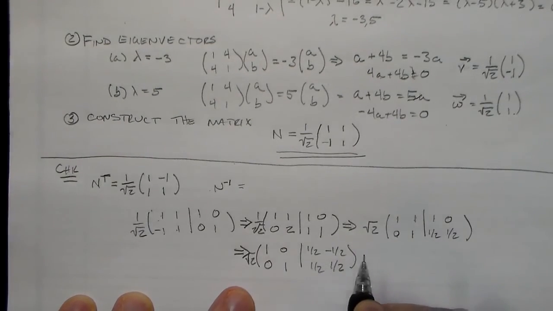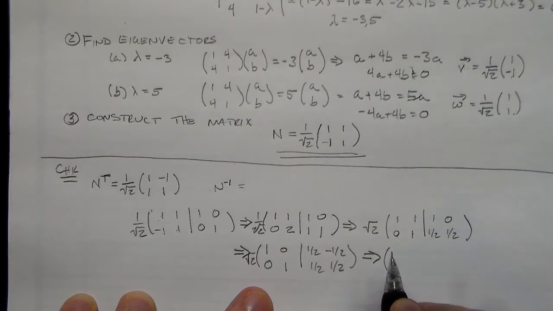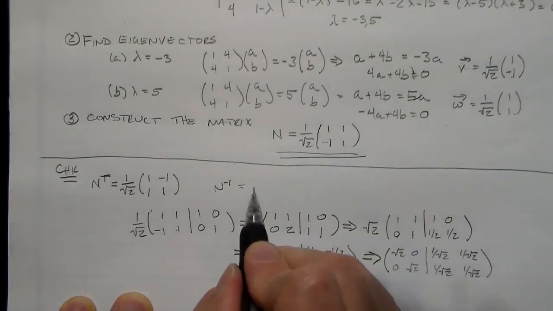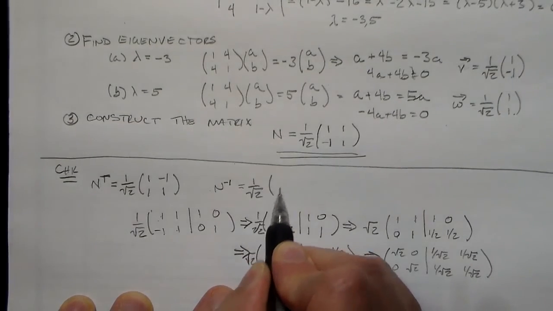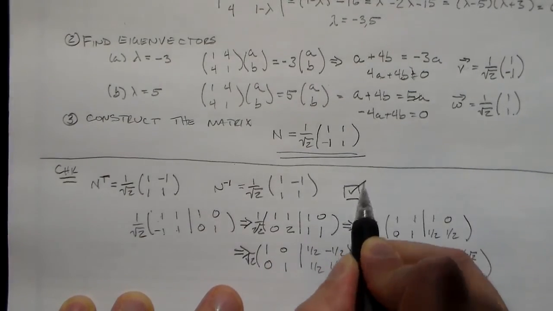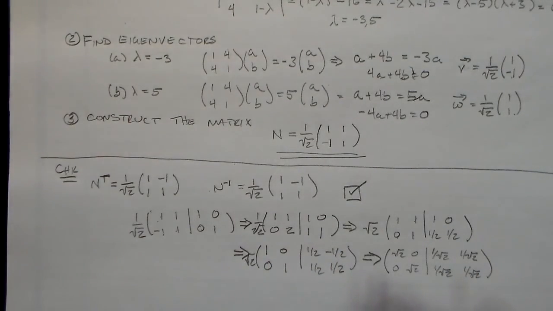Now I'm going to factor in that square root of 2, so that I have 1 over the square root of 2, 1 over the square root of 2, 1 over the square root of 2, 1 over the square root of 2, and that's awesome. My N to the minus 1 is 1 over the square root of 2 times 1, 1, minus 1, 1. So that all works out. It's exactly what we thought it would be, which is an orthogonal matrix.